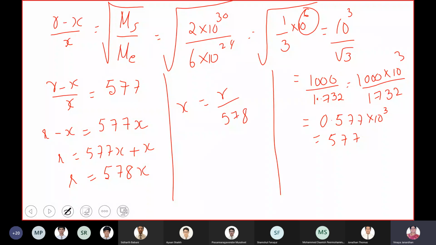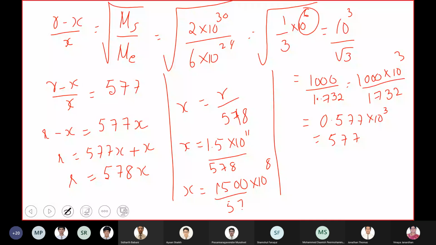What is the orbital radius now? 1.5 into 10 raised to 11, ma'am. Okay, if that is the case, boys, I can make x is equal to 1500 into 10 to the power of, it comes to be 8, I think so. Because I have taken 3 from 10 to the power of 11, I have taken 10 to the power of 3 and made 1.5 as 1500.